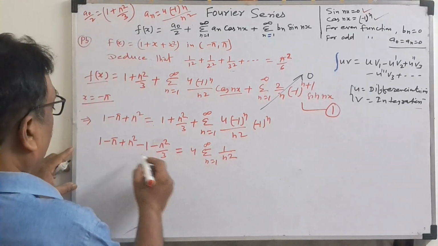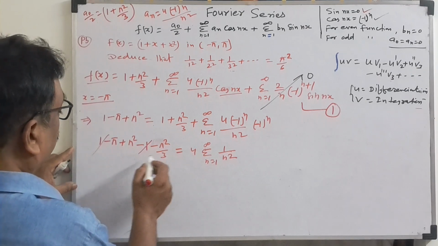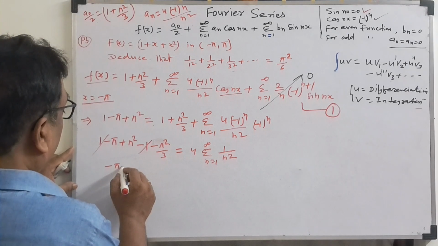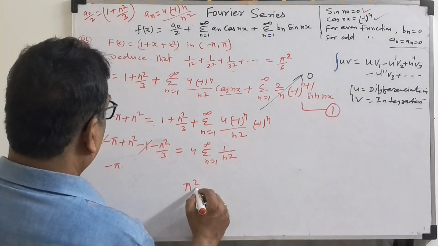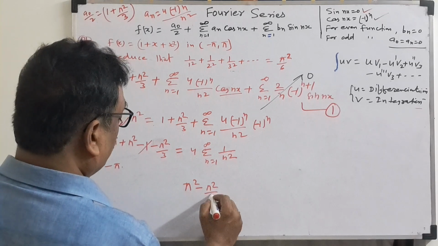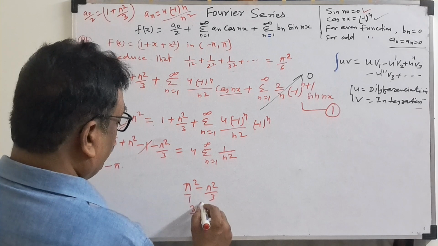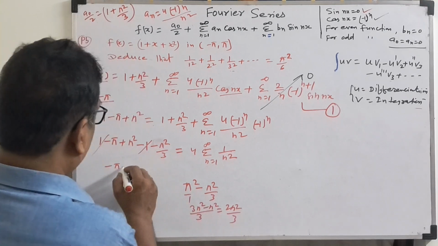Okay, now you solve this. 1 plus minus 1 cancel. So minus pi, and pi square you separately find out. Pi square minus pi square by 3, what can we write here? 3 LCM: 3 pi square minus pi square, so 2 pi square by 3.